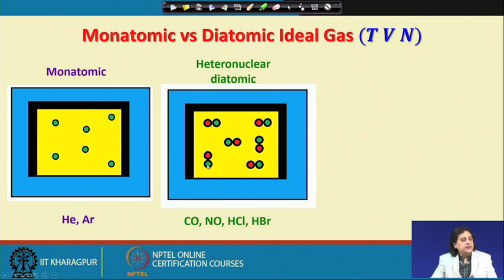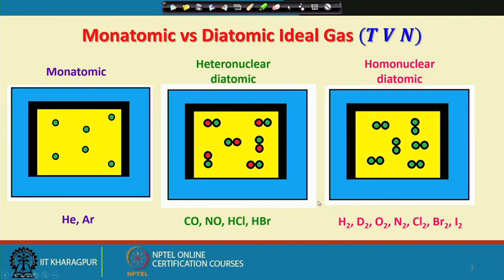What happens here is two different types of atoms combine with each other, they form a bond between each other and they form this heteronuclear molecule, and examples are carbon monoxide, nitric oxide, hydrogen chloride and hydrogen bromide gas. Obviously, you can also have two atoms of the same type forming the diatomic molecule, and therefore, they are called homonuclear diatomic, and examples are hydrogen, deuterium, oxygen, nitrogen, etc.